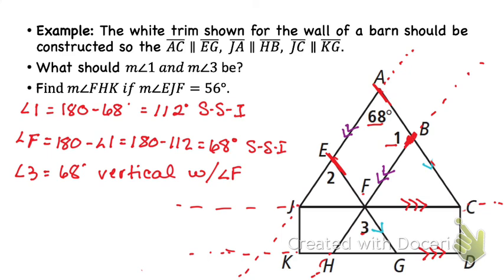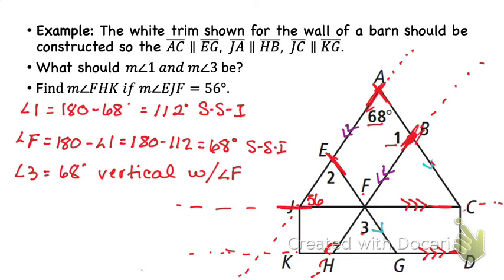So now the last says find FHK. So FHK is right here. If EJF is 56, so this is 56. Now I need to go around there. Well, let's see. I've got a parallel line here and here. I also have parallel lines here and here, which would make this a transversal.